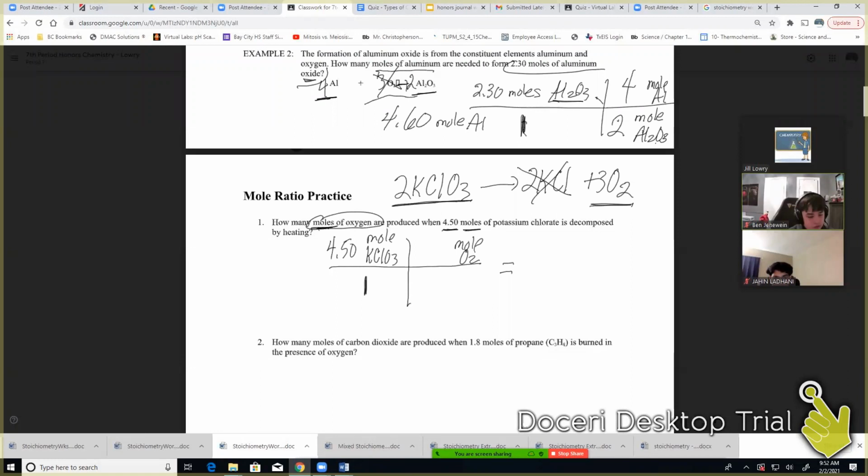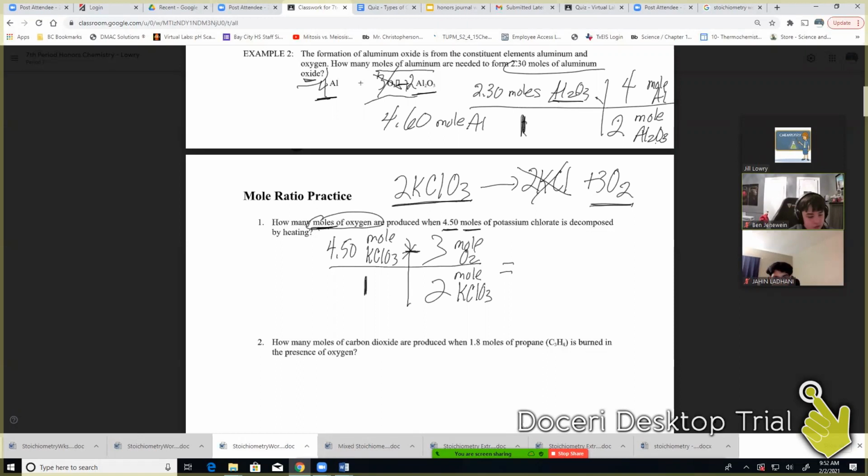If I'm moles of potassium chlorate, I have to do the same thing down here. So now I've done all my hard work. I just got to plug in my coefficients. So for the potassium chlorate, how many moles do I have? 2. And for my oxygen, I have 3. All right. So we're going to multiply across.